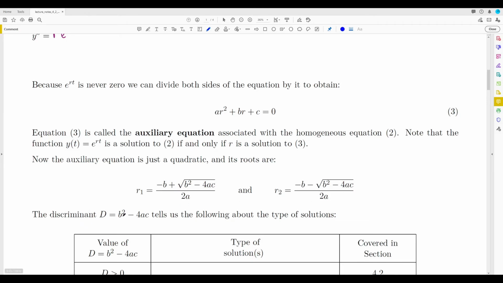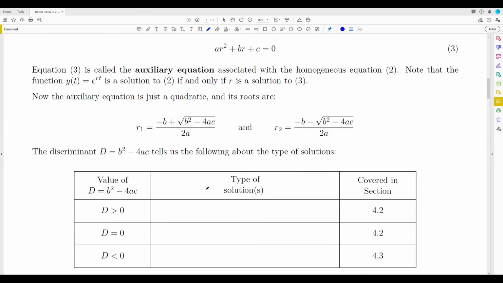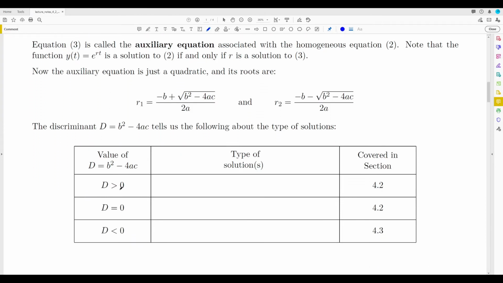The discriminant D, which is equal to b squared minus 4ac, tells us the following about the types of solutions. If D is greater than 0, that means that we have two real solutions. If D is 0, then these two solutions collapse into one solution, right?